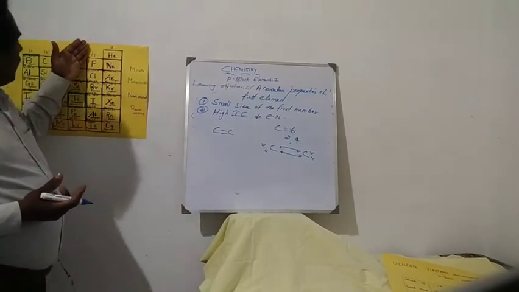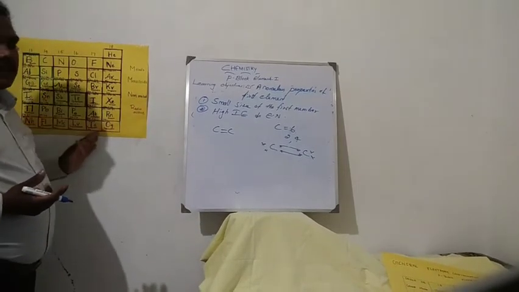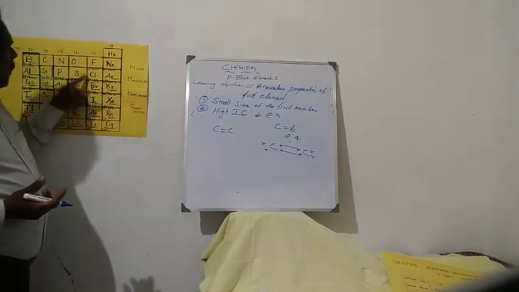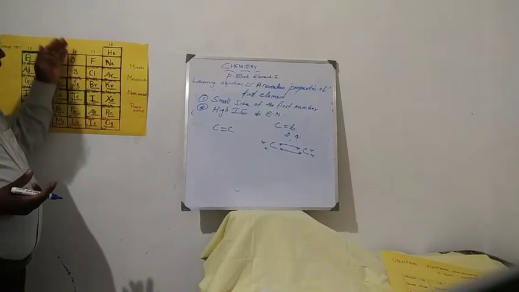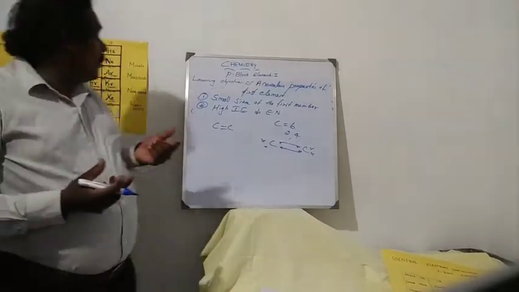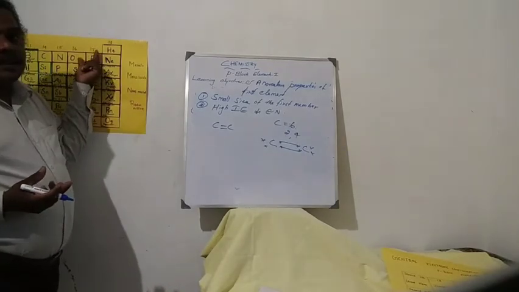Then group number 17 is the halogens: fluorine, chlorine, bromine. The first member of this group is fluorine. Fluorine is the most reactive element in this group.